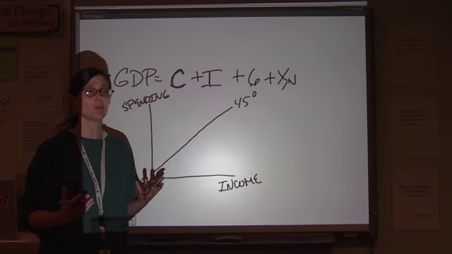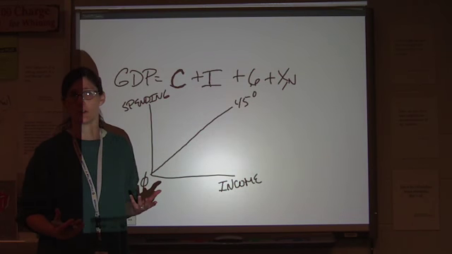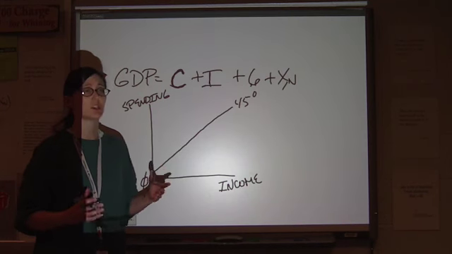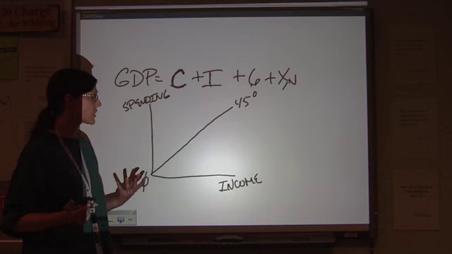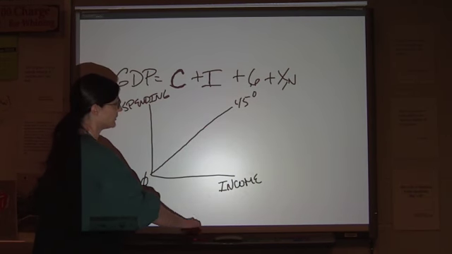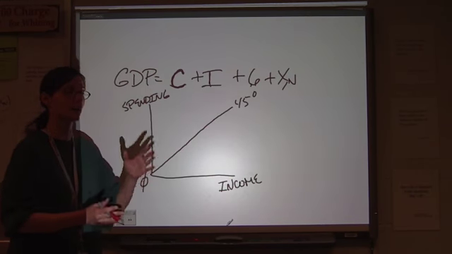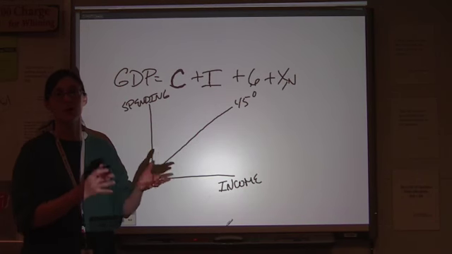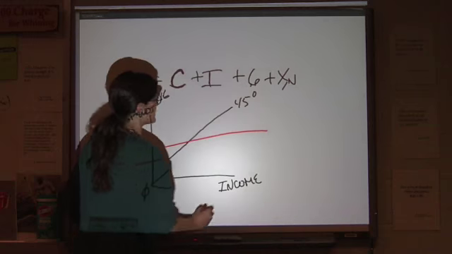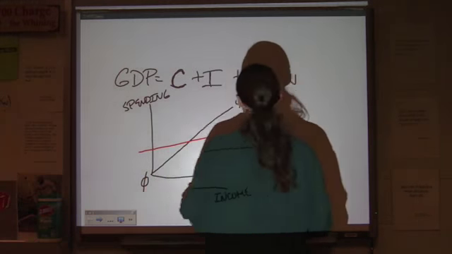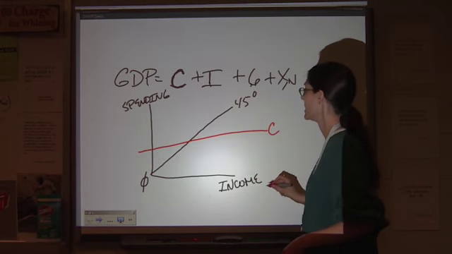But that's not how people actually behave in the real world. It's not a reasonable assumption, and it's not how life actually works. So, what you're going to have instead of just your little reference line and everybody spends everything they make and they never go into debt and they never have anything left over, is something more like this.